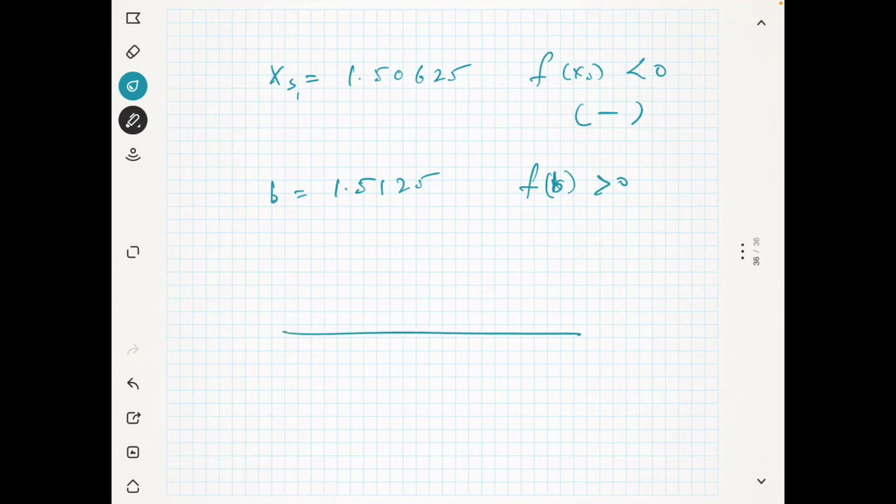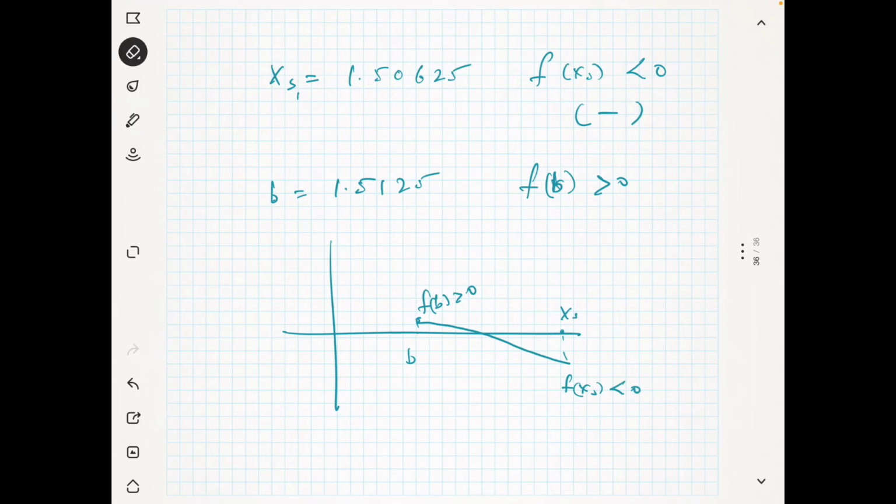That means that if I draw the graph, my b is here and my f of b is greater than 0 and my graph is going like this, and this is where my x's is here, and f of x's is less than 0. That means that my solution is between these two. My solution is somewhere here, this is my solution. That means my solution is between b and x's.